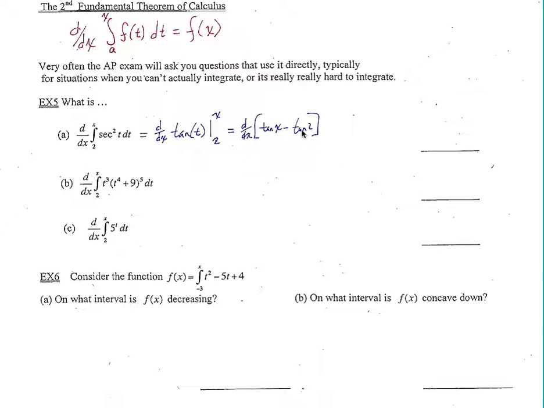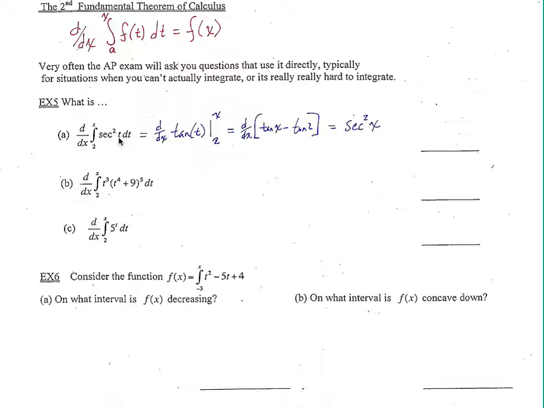This is going to be a constant, and the derivative of tangent x is going to be secant squared x. So notice what's happening here.